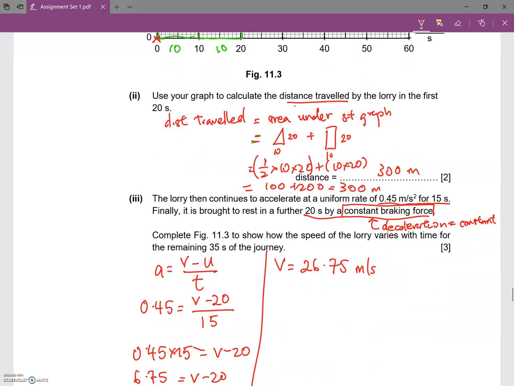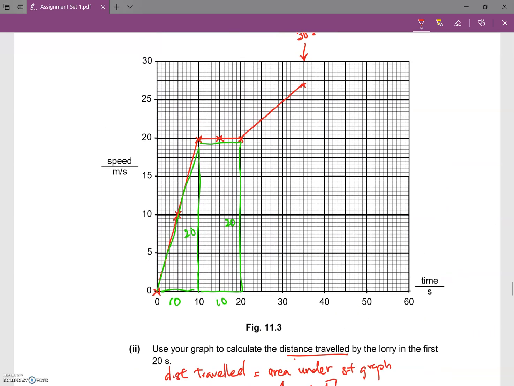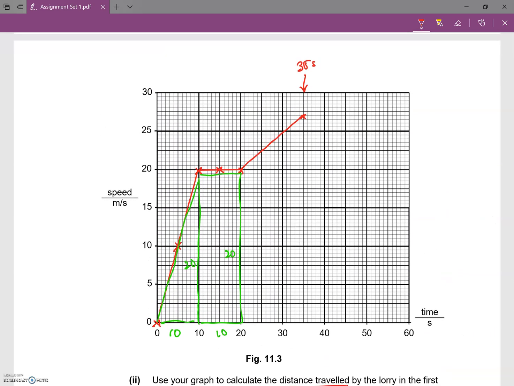Then it says it's brought to rest. Rest means the speed becomes 0, in a further 20 seconds. So 20 seconds later, at 55 seconds, the speed becomes 0. This is after the lorry has been brought to rest.